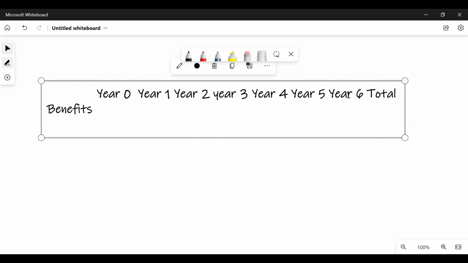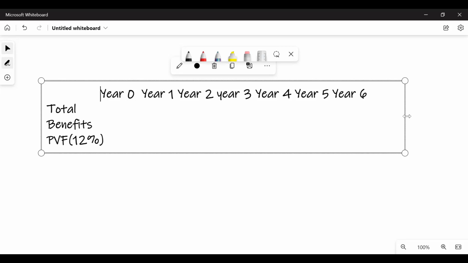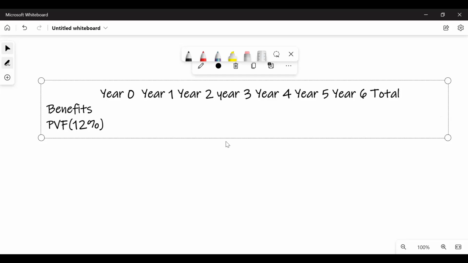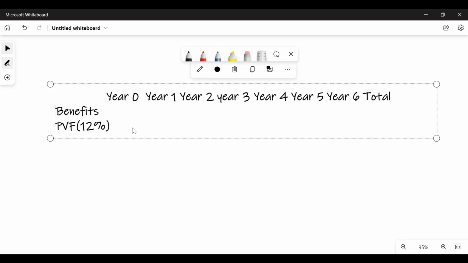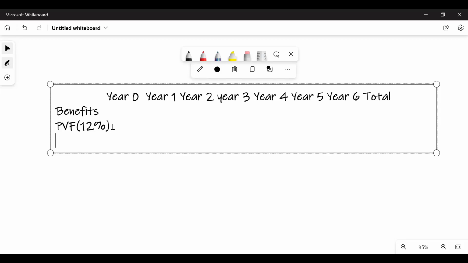Right. Then I'm going to list present value factors. I'm going to assume that it's 12%. In the exam, normally it will be given. Right. And then we will look at present value.